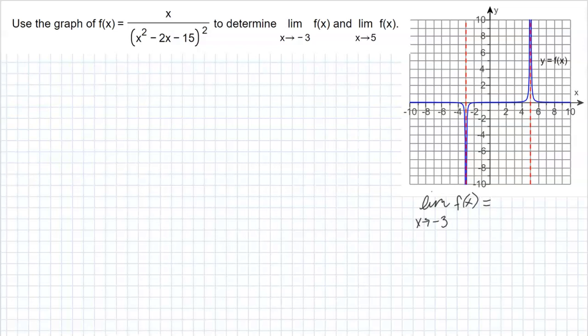So therefore, this limit as x goes to -3 of f of x is -infinity, because both the left is equal to the right. Similarly, we can say that the limit as x goes to 5 of f of x is positive infinity.